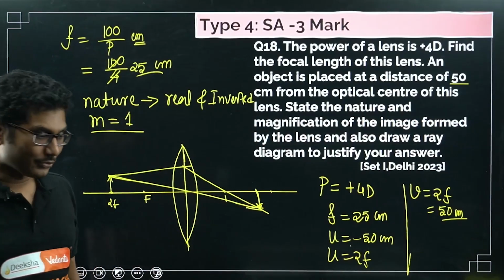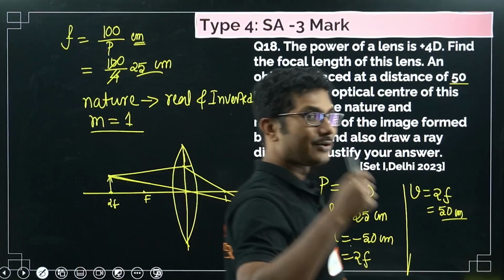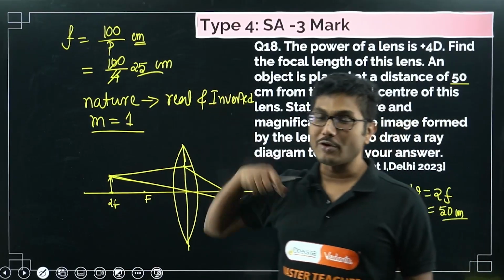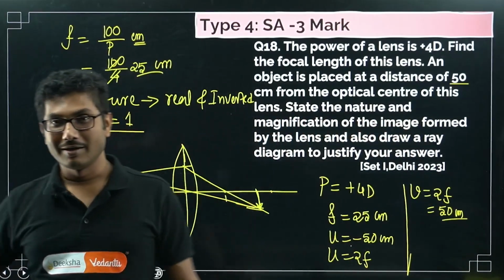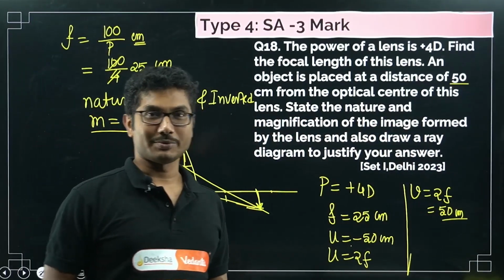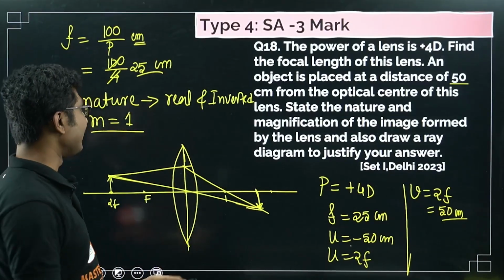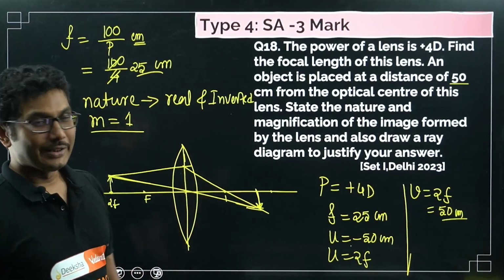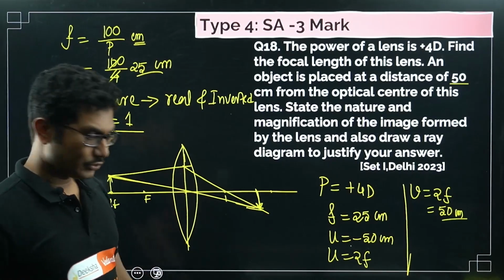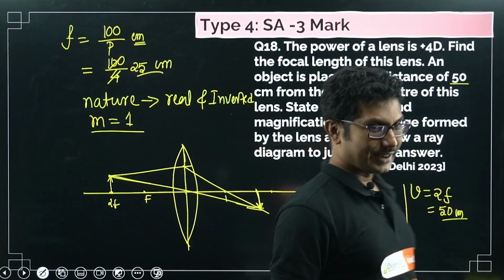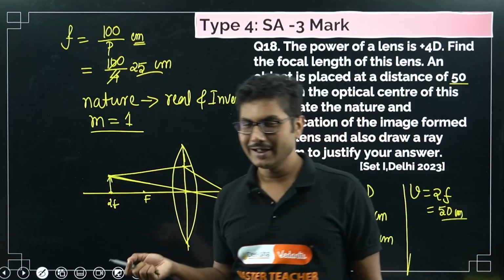Okay, if you show the focal length, your paper will be over. You will never be able to draw 50 centimeter in your notebook, right? So it is not possible. So don't try that. Okay, only if you want, you can reduce it by 10 times, so you can show 2.5 centimeter and 5 centimeter. That is fine, that is up to you.